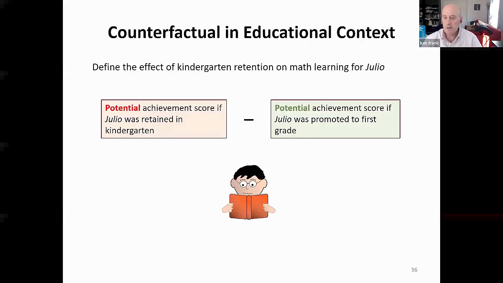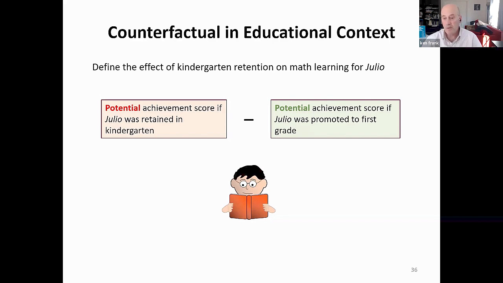Just to get you a little bit more background on it, let's say we've got Julio here, and we want to think about Julio's outcome if he was retained in kindergarten, that is, he was not promoted, or Julio's outcome if he was promoted to first grade.